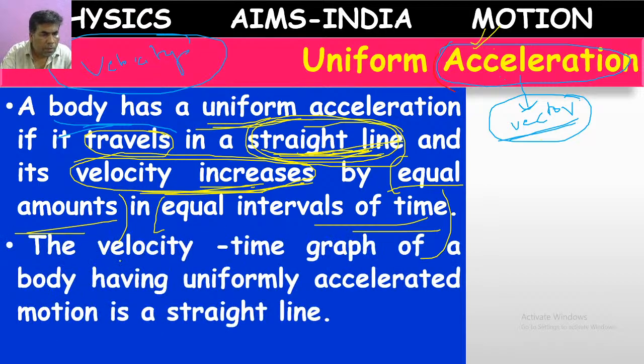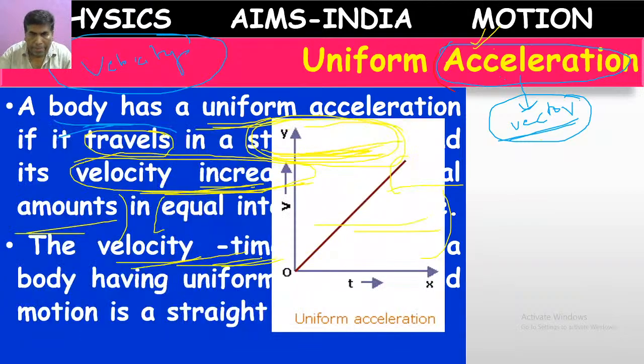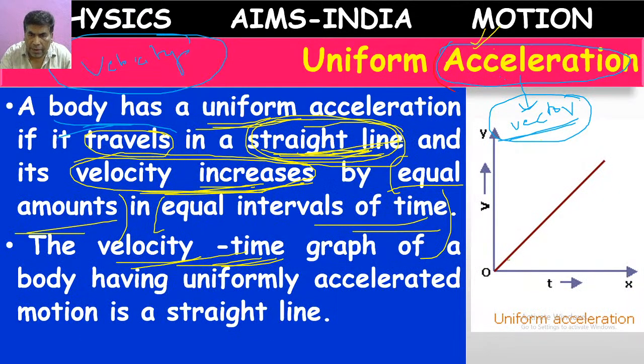If you observe the velocity time graph here, this is 0 second, this is 1 second. What is the velocity here? 10 meter per second. Next, this is the second second. What is the velocity here? 20 meter per second.